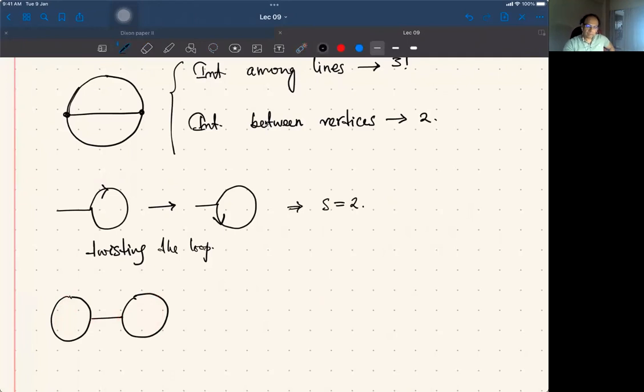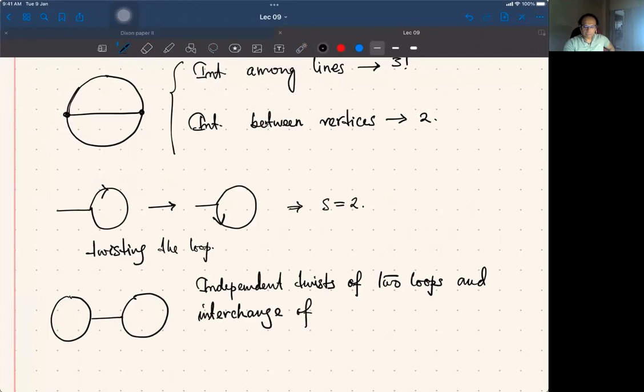So this will be independent twists of two loops and interchange of vertices.